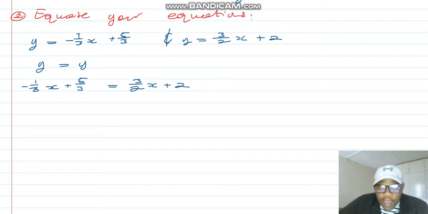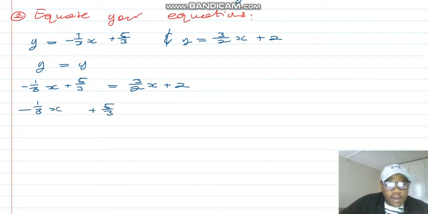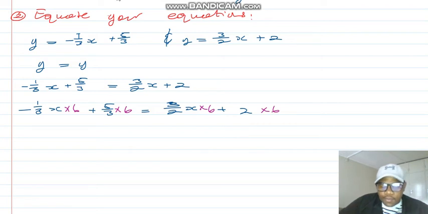Okay, so that's what we have. You can think about what you want to multiply this equation by. I would multiply the whole thing by 6. If I multiply this by 6, so minus 1 over 3x plus 5 over 3 is equal to 3 over 2x plus 2, I'll multiply that by 6, that by 6, that by 6, and that by 6.